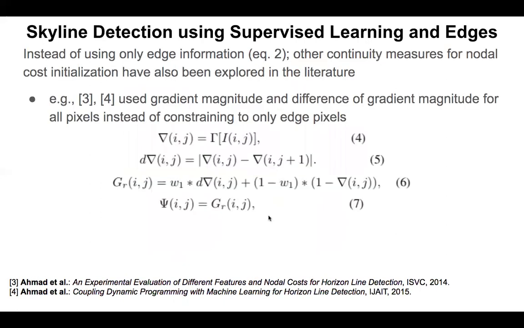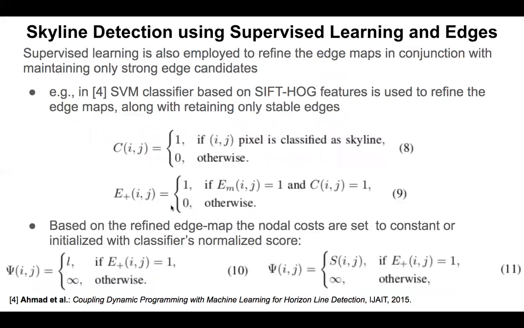People have investigated many different options for skyline continuity. For example, based on edges, people have also explored gradient, where the gradient magnitude and the difference of the gradient magnitude and their weighted average is used to initialize the nodal costs.